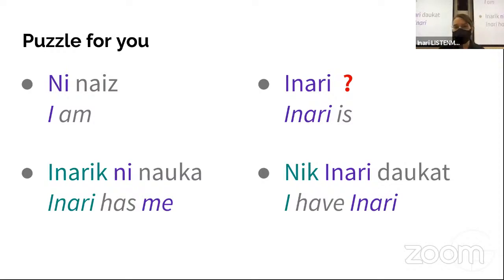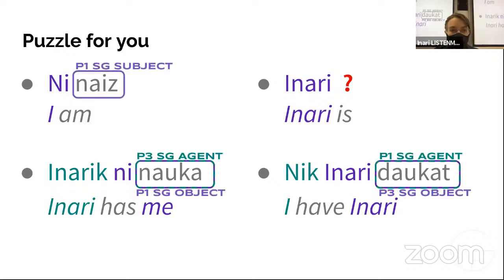So let's see if you're awake. Let me annotate this a bit so it's easier. You see that the transitive verbs encode both agent and object, and the intransitive encodes just the subject.